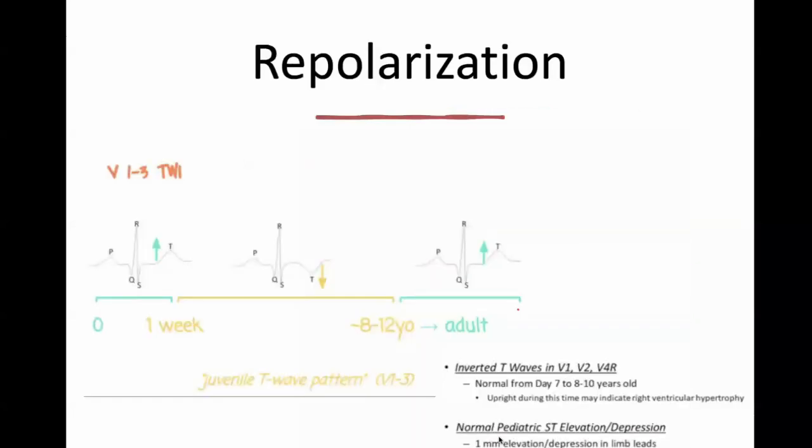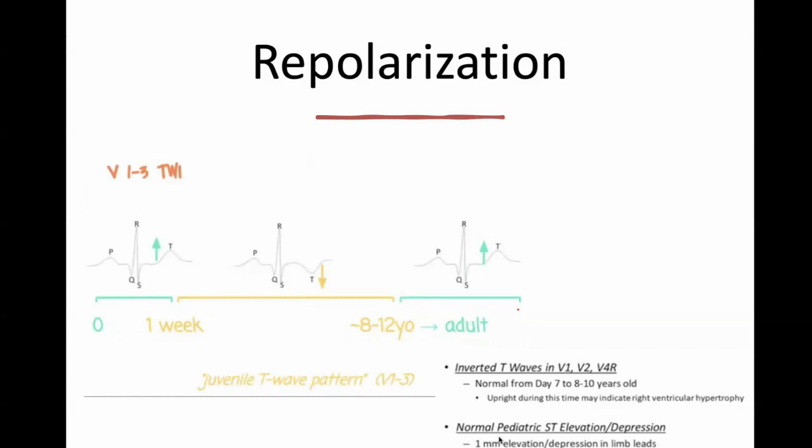The last step in our approach is to look at the ST segment and the T wave for repolarization abnormalities. There are several ST T wave changes in the pediatric ECG that are considered normal, but may be more alarming if they were to be seen in an adult ECG.